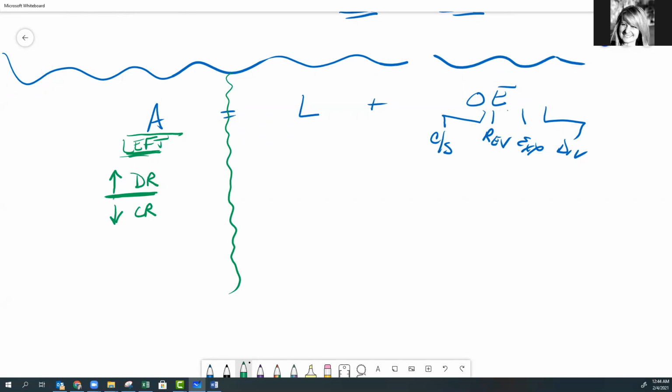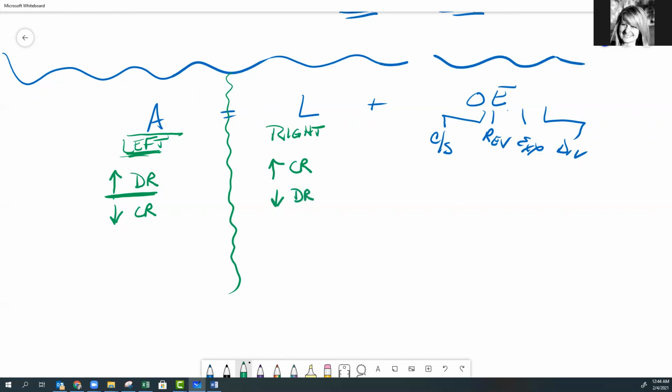So liabilities appear on the right side of this equal sign. Well, if it appears on the right side of the equal sign, then it's going to increase with the thing that's always on the right, which is a credit. And therefore, it will decrease with a debit.